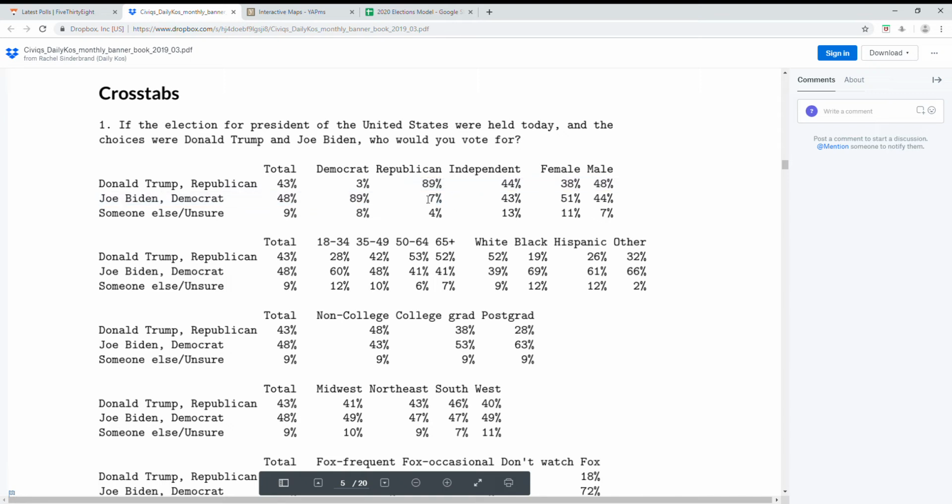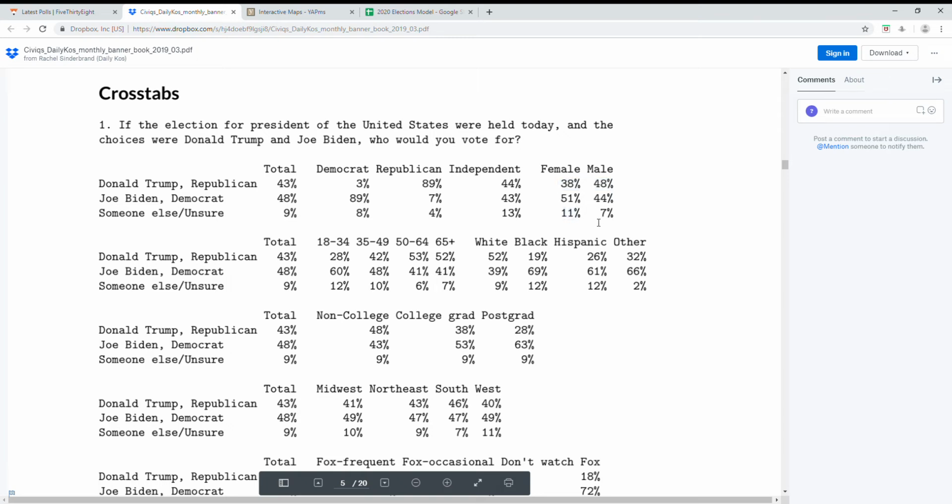And you look at the party identification, not a lot of Democrats will cross over and vote for Trump. Not that many more Republicans will cross over and vote for Biden. Amongst independents, Trump has a single point lead with 13% undecided. There is a gender gap, but that's to be expected.